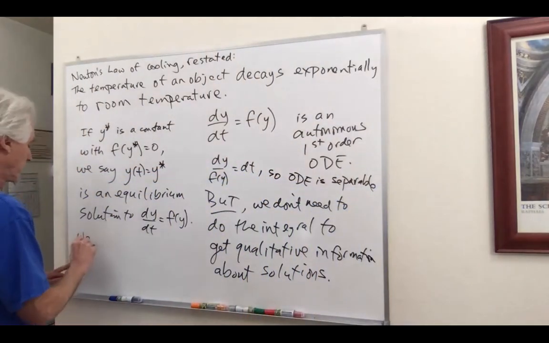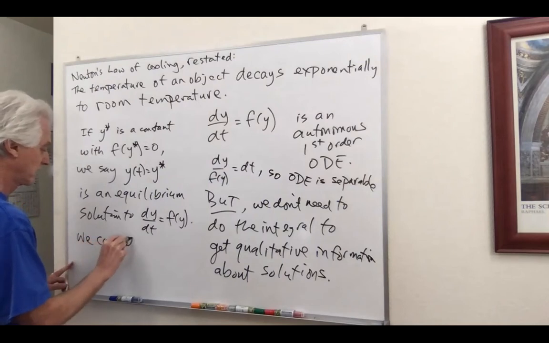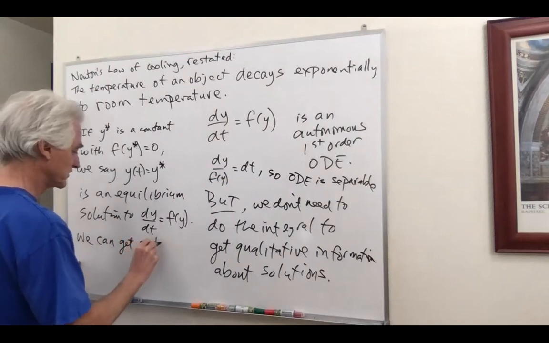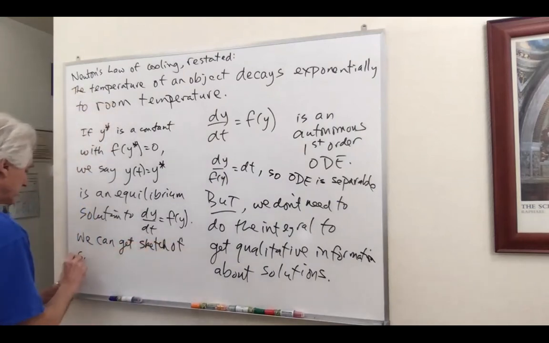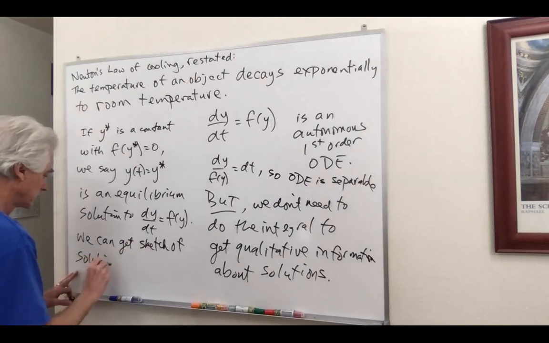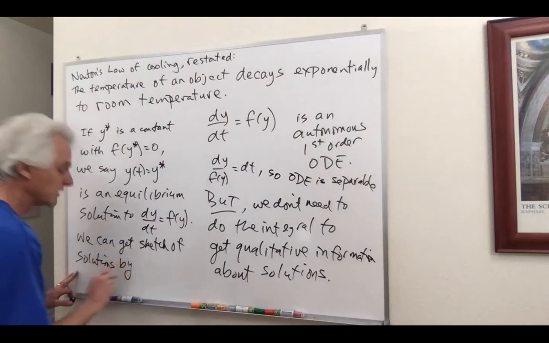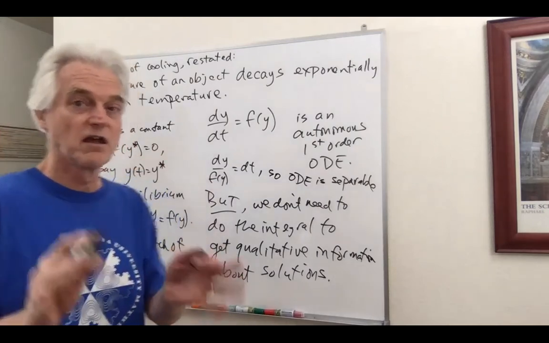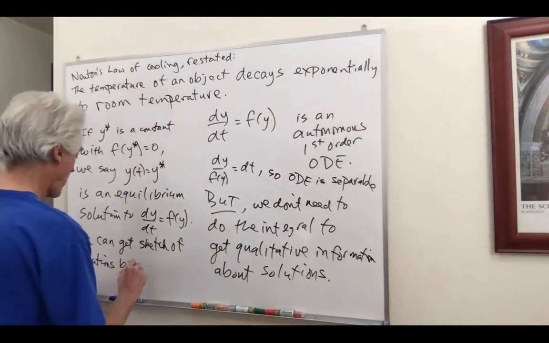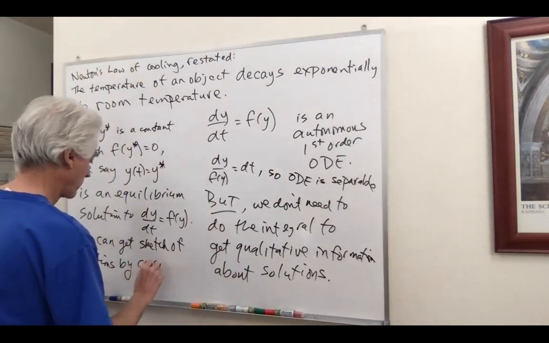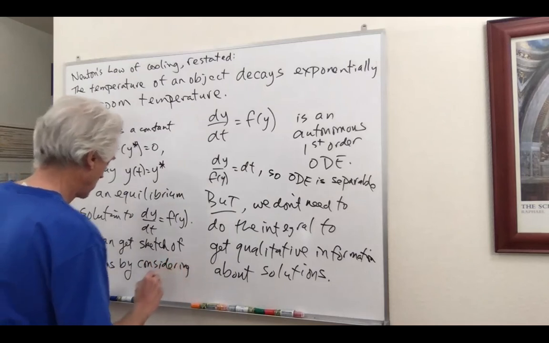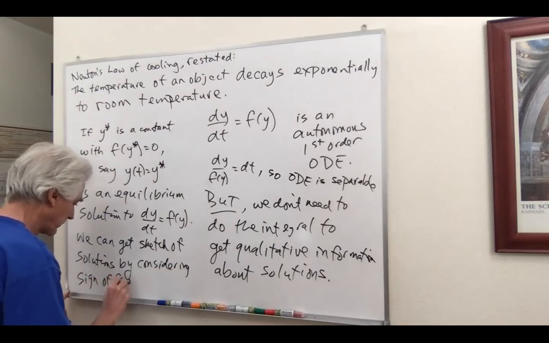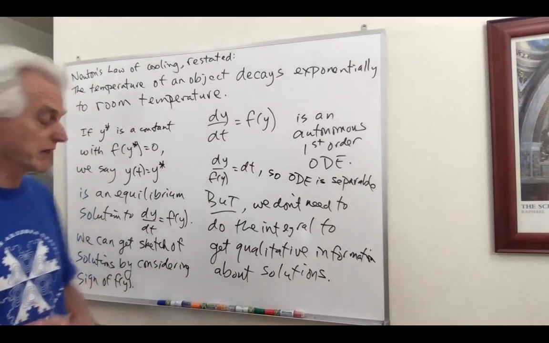And then we can get a rough sketch of solutions by considering just the sign, plus or minus sign, of f of y. Okay, let's do an example.